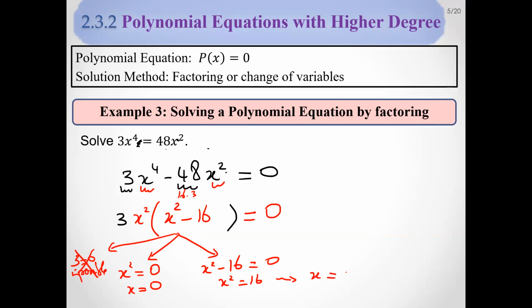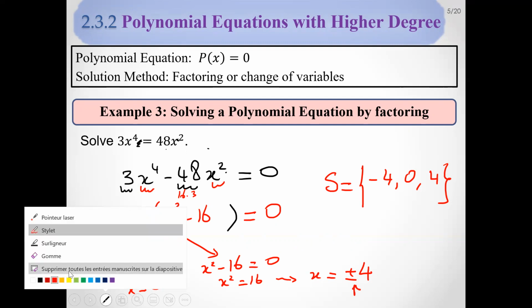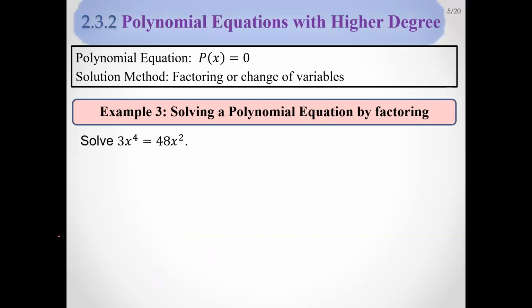So x is plus or minus, don't forget this, plus or minus root 16. So the solution set of this equation has 3 solutions: minus 4, 0, and 4. So this is a way to solve a polynomial equation of higher degree.